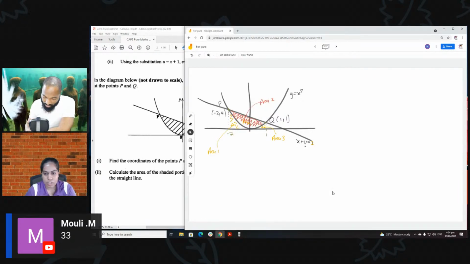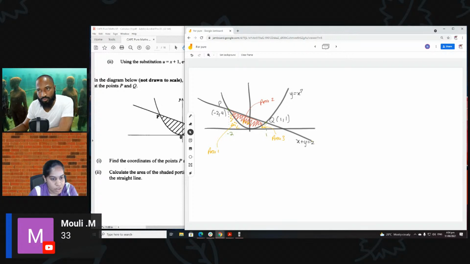So to find the area, you need to find the area underneath the line between -2 and 1. So this portion here would be the area between -2 and 1 under the line x plus y equals 2. So let's go ahead and find that.